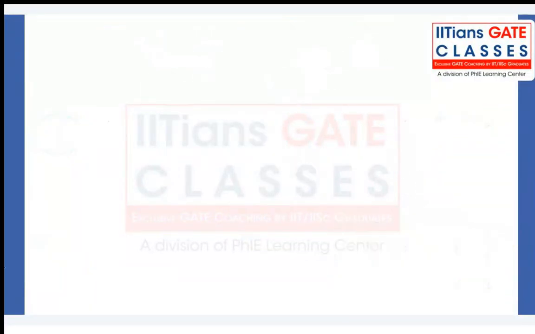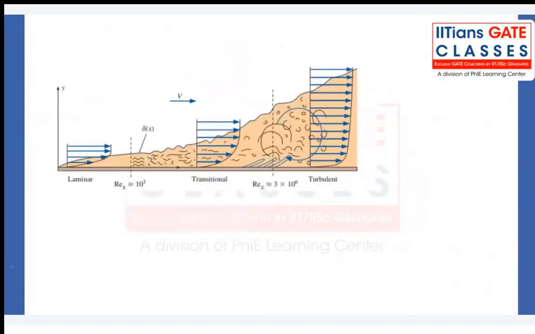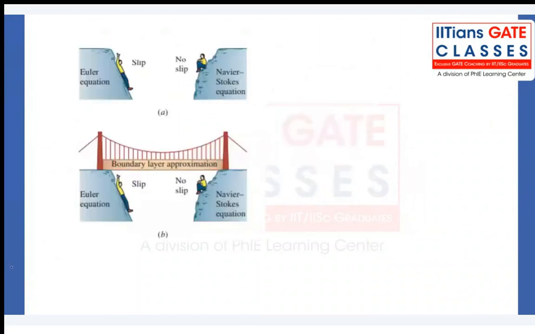Now, see here, it's a very beautiful example which is given in the Cengel textbook. When you apply the Euler equation near the solid wall, definitely slip will happen. But when you apply the Navier-Stokes equation, the no slip condition will follow. So the boundary layer is bridging the gap between here and here.